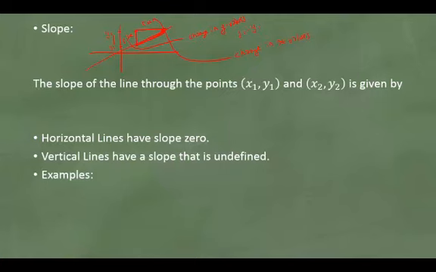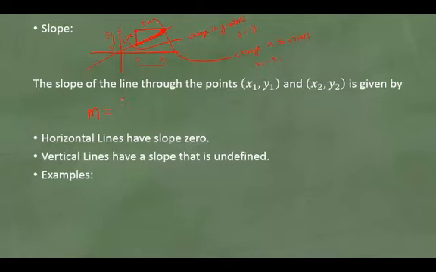Same thing for the x's. From this point to that point, there's an x value, we can call it x1, and x2. So that distance is the change, and it's just x2 minus x1. So the slope of a line, m, as we usually call it, can be given as rise over run, or the change in the y values over the change in the x values.